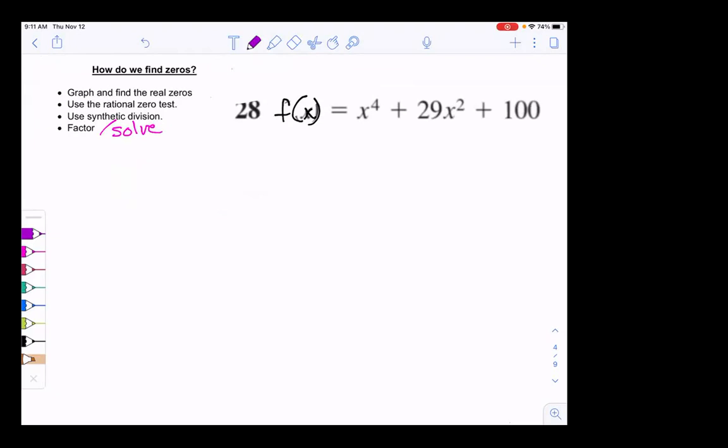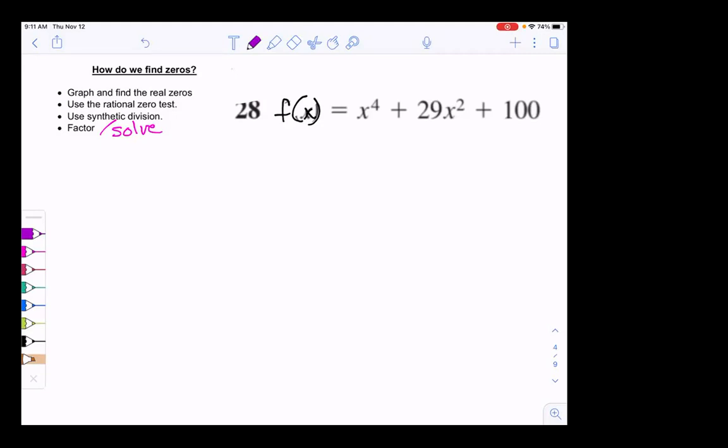I think the graph should have looked parabolic, like a parabola. And I think its vertex is above the x-axis, so it just goes up. Pretty sure that there is not any real zeros for this problem. So looking it up in the calculator isn't going to help. Using the rational zero test isn't going to help. And using synthetic division is not going to help.